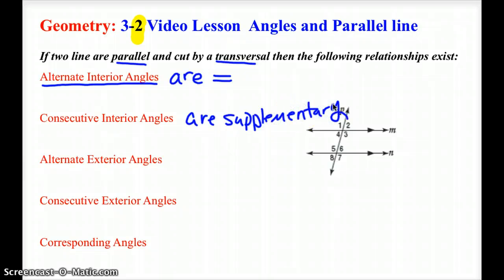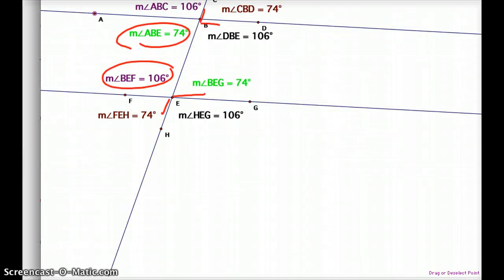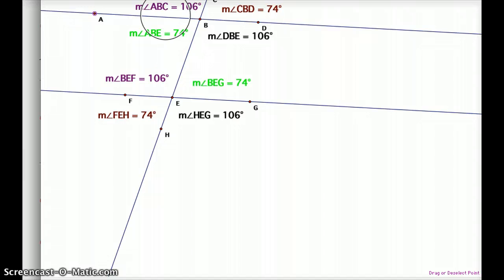Next, I'm going to look at my alternate exterior angles in Sketchpad. Alternate exterior would be outside angles that are on each side of your transversal. So I'm looking here, and this time it's right here and right there. You guys see that they're both 106?